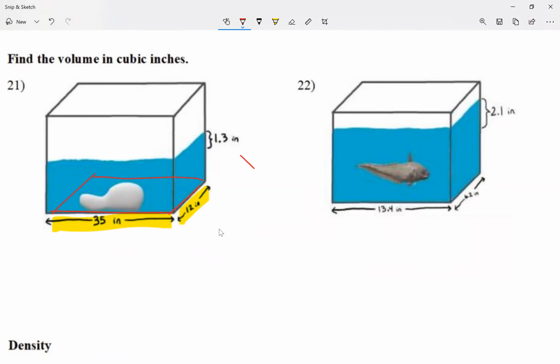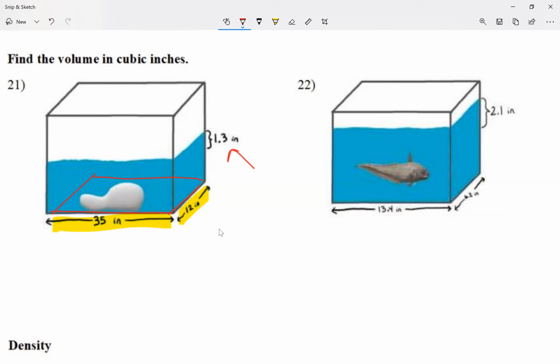But now here on the side, once I put the figure in, the water height changed 1.3 inches. So you can do this on a fish tank. Just be careful what you put in there. Don't contaminate your water for the fishes. But you can see what height it changed in your fish tank, and then times the base.